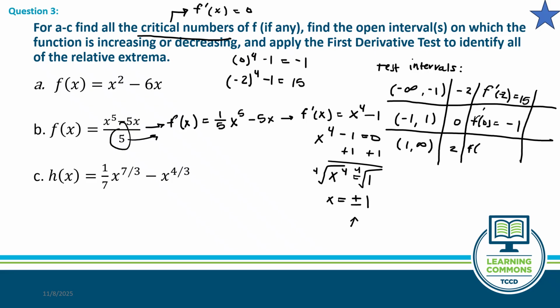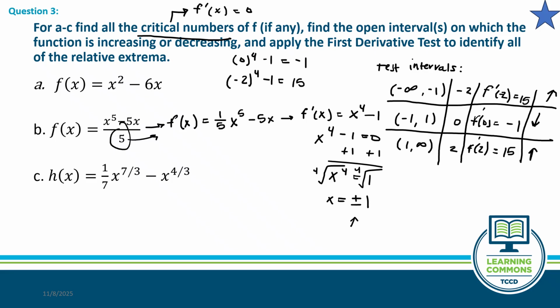And then f prime of 2 is going to give me 15 again. So increasing, decreasing, increasing. I'm just doing those because it makes my life a little bit easier.